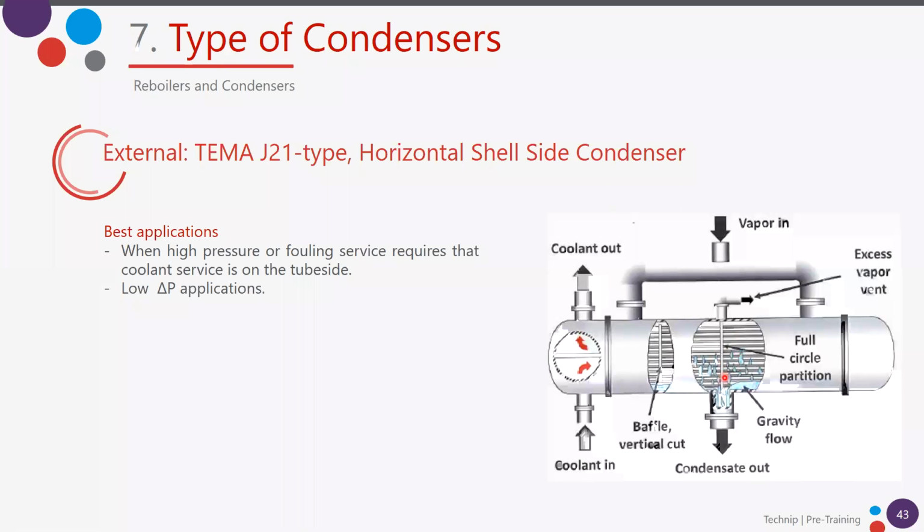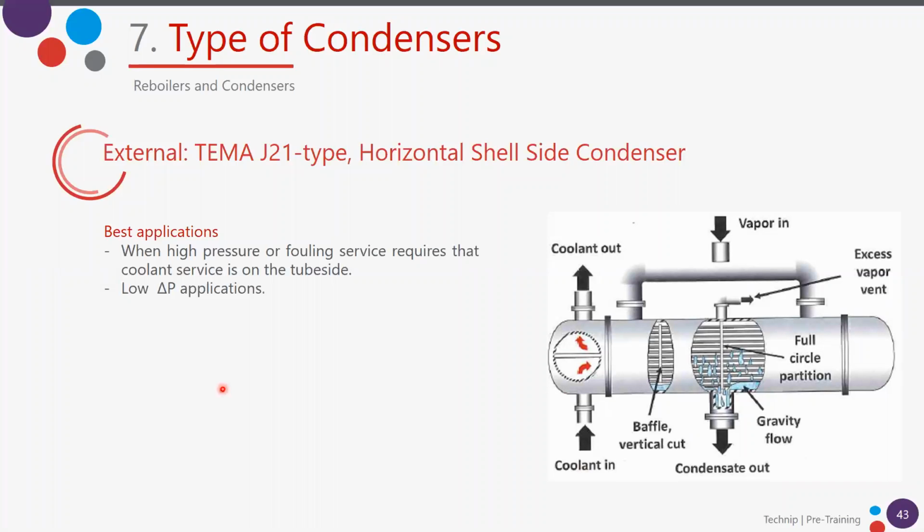Again, in this type of exchanger, we also have accumulation of non-condensables that we have to take out. So we need to have a vapor nozzle, and the cooling water will be placed here in the tube side.